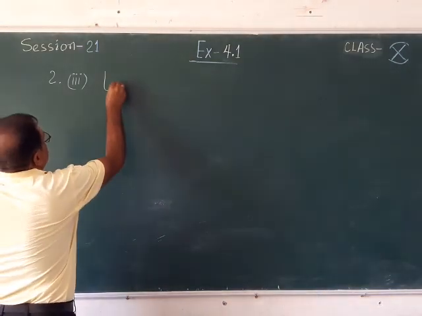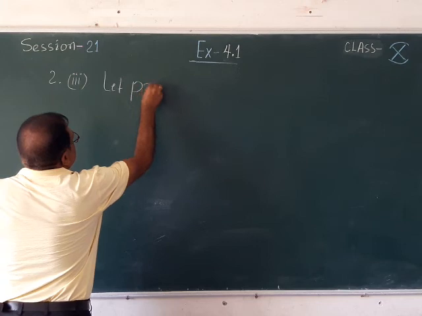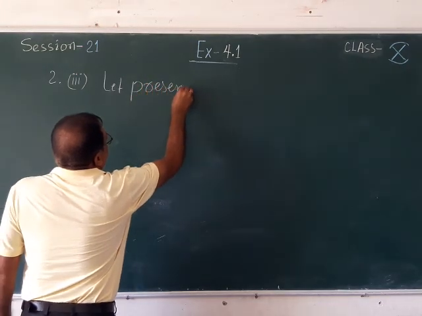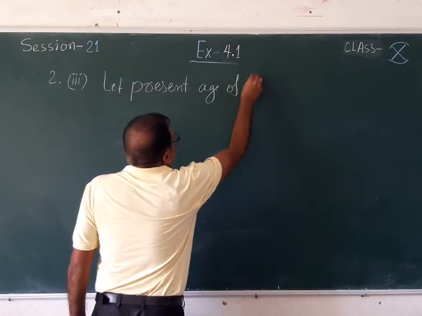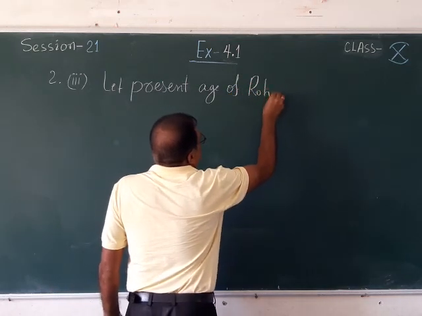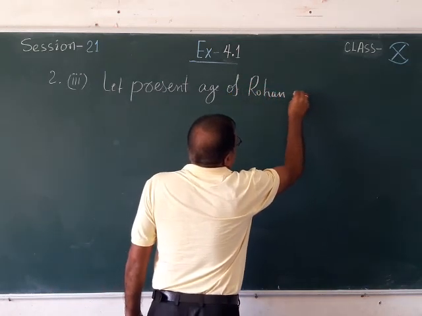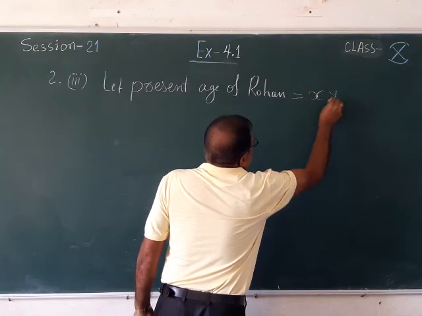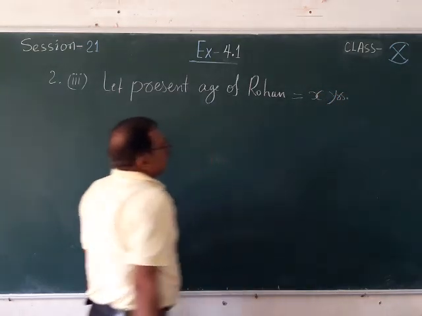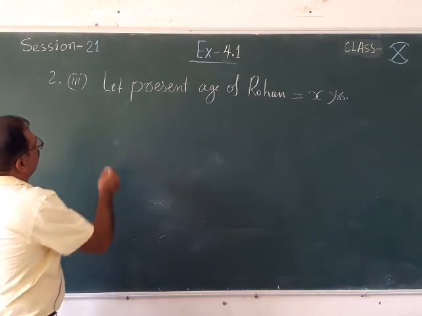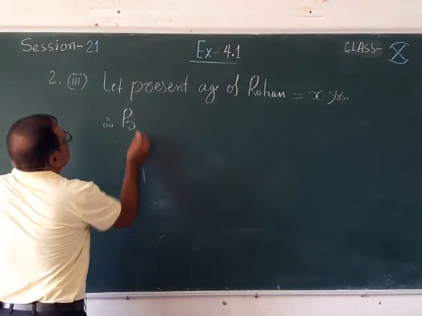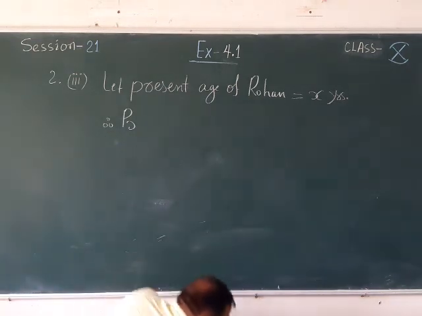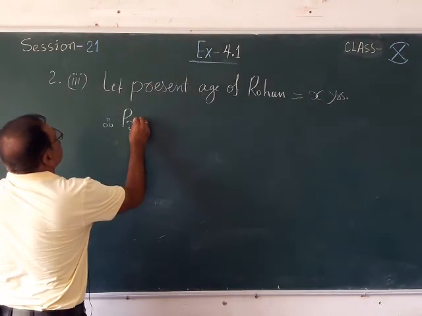I can write the statement: let the present age of Rohan equal x years. This is the present age of Rohan. Therefore, the present age of his mother.